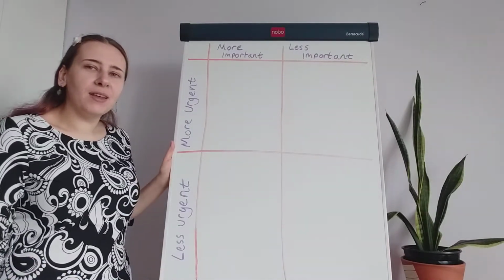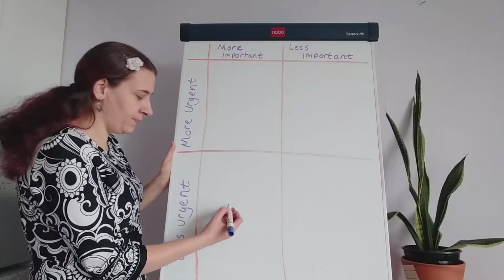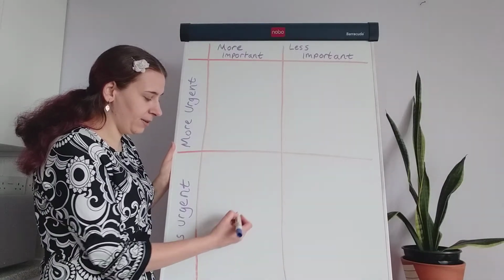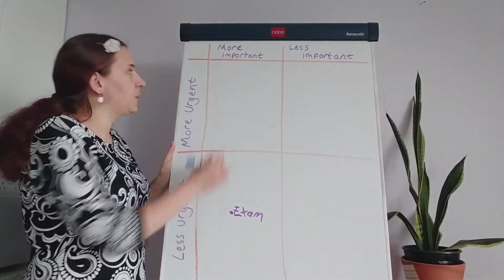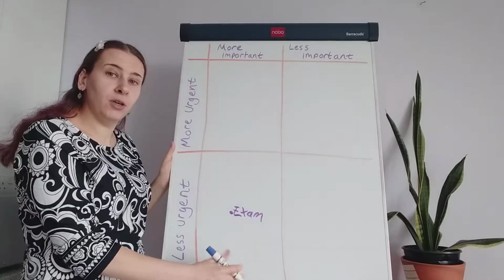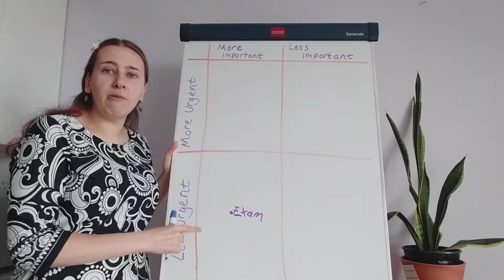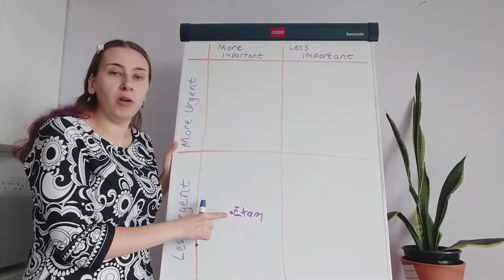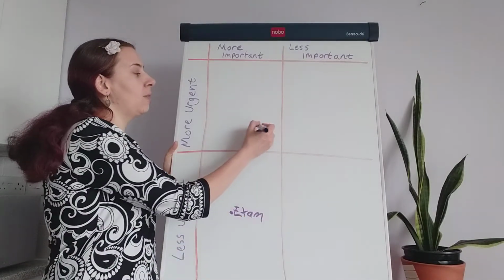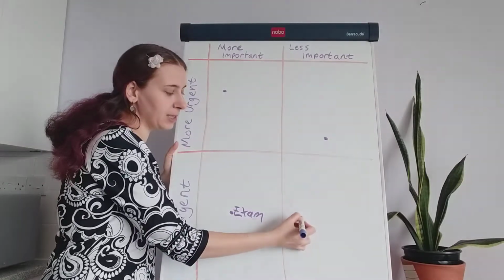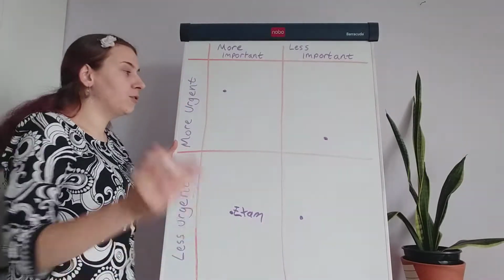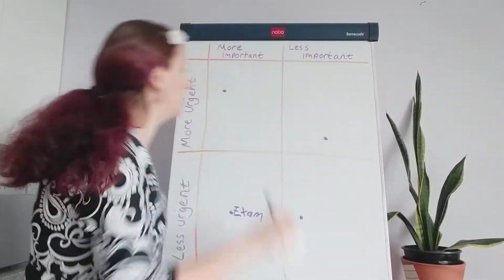It might be that in September, it's down here. The revision is important, but it's September, it's far away, it's not urgent. So that dot shows where it is. We can put dots to show where the task belongs, like a scatter plot, or you can just put it in whichever box suits you.